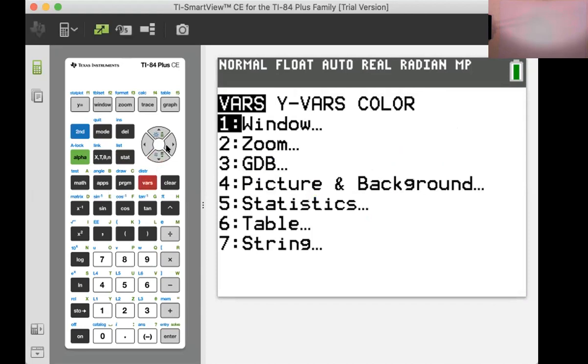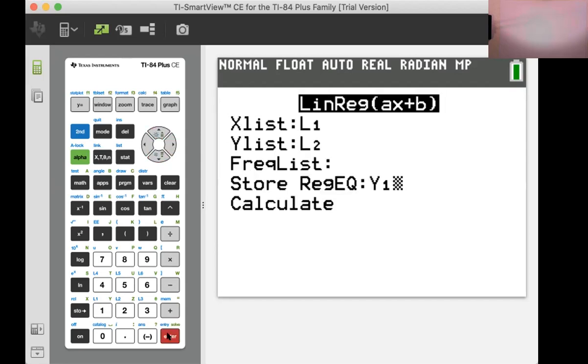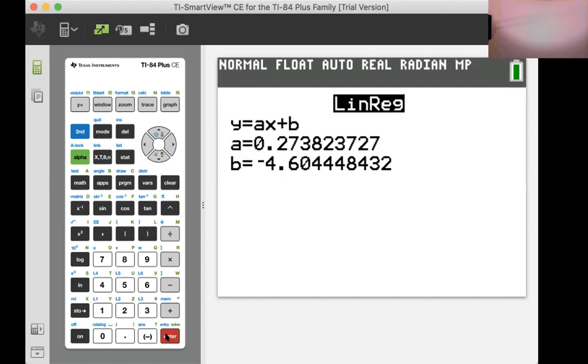We'll store it in Y1 just so we can graph it together with our scatter plot. And then we'll calculate it. So it is telling me that A is about 0.274, and it's telling me B is about negative 4.604.